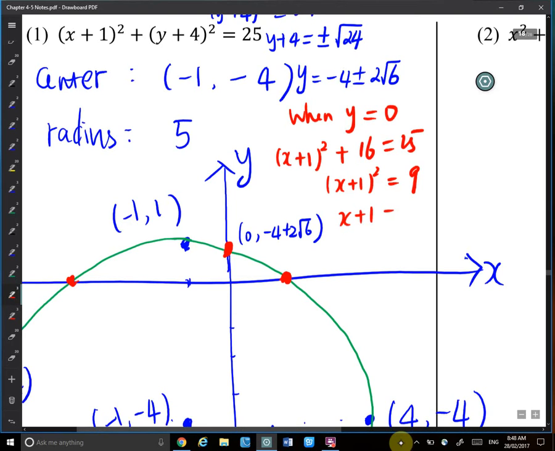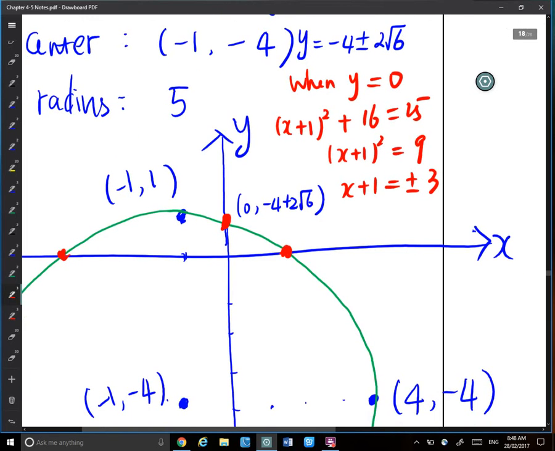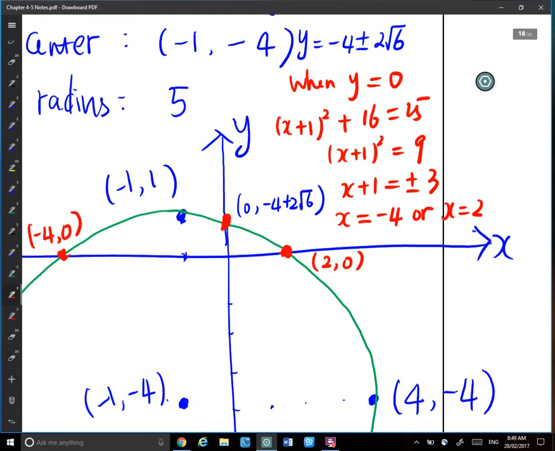Then x plus 1 equals plus minus 3, since the square root of 9 is 3. So x equals minus 1 minus 3, which is minus 4, or minus 1 plus 3 is 2. So x is minus 4 or 2. That is 2, 0, and minus 4, 0. Minus 1 plus 3 gives you 2, minus 1 subtract 3 gives you negative 4. So I have negative 4, 0, and 2, 0 for the two x-intercepts.